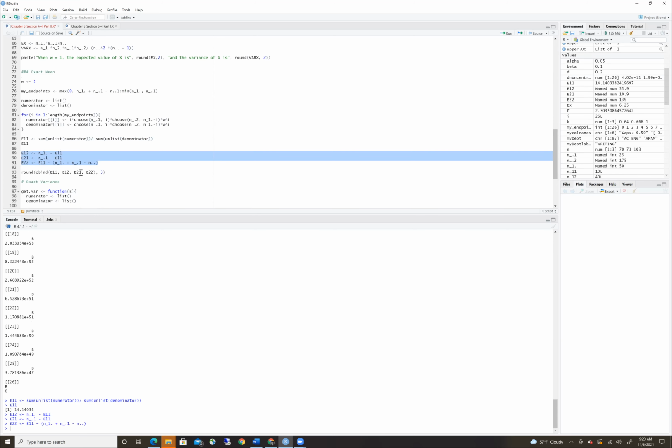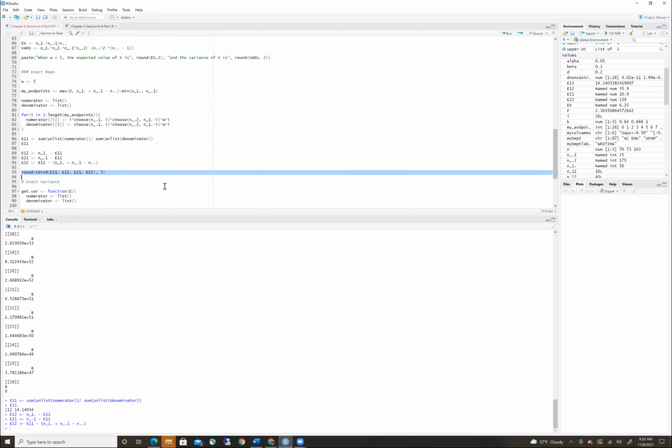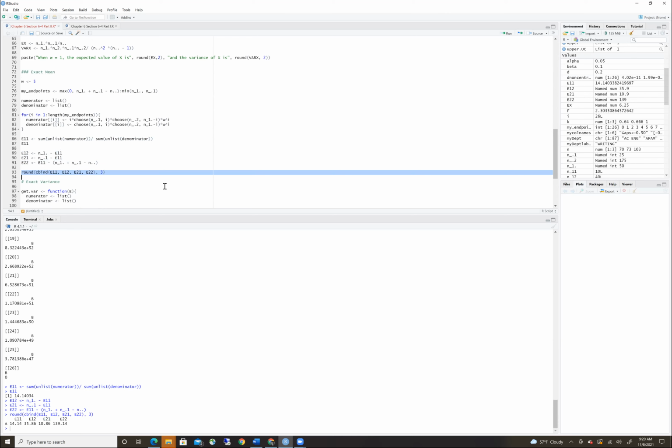So from there, we can look at all of those values at the same time. We can get each of those E11s, so that's the expected value of the 1,1 cell, the expected value of the first row, second column, the expected value of the second row, first column, and the expected value of the second row, second column.